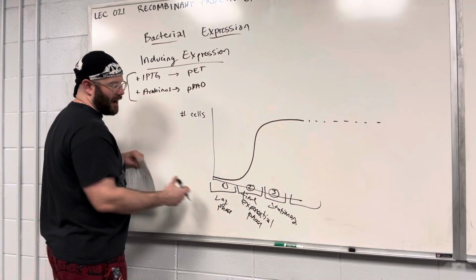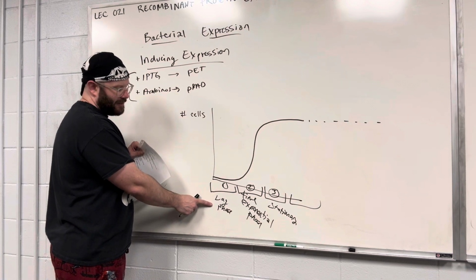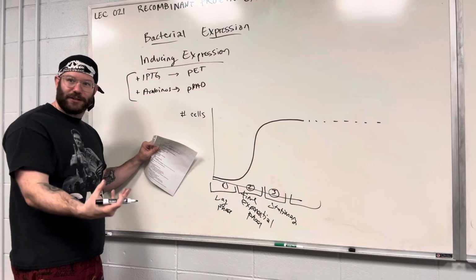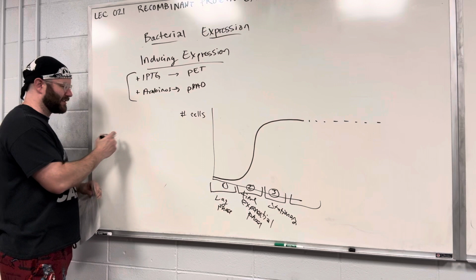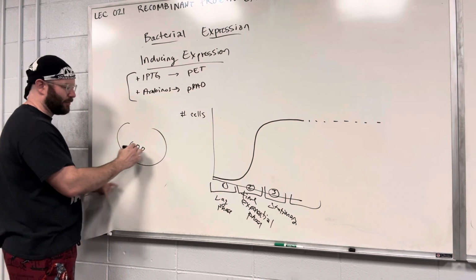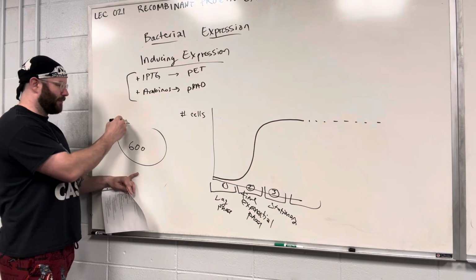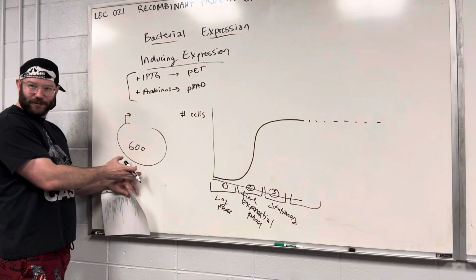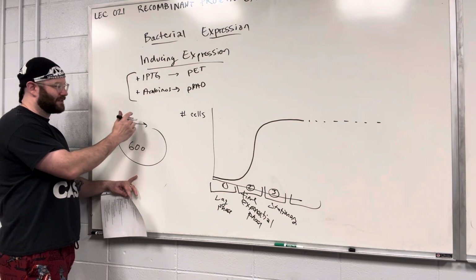Why do you not want to add it in the lag phase? It's not really doing anything at the moment. Well, as soon as you add the inducer, the entire metabolism of the organism will shift. Imagine you have a 600 copy plasmid in a cell, and you give that cell arabinose. That essentially means that the entire metabolism of that bacteria will shift towards creating protein X, whatever is in there.